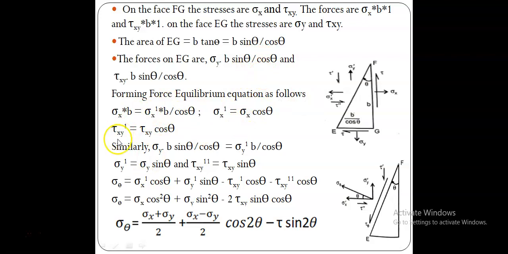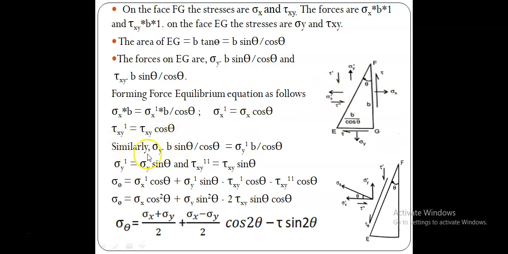Next, tau xy dash is equal to tau xy cos theta. Like that, sigma x dash is equal to sigma x cos theta, and tau xy dash is equal to tau xy. When you resolve into here, it becomes tau xy cos theta.